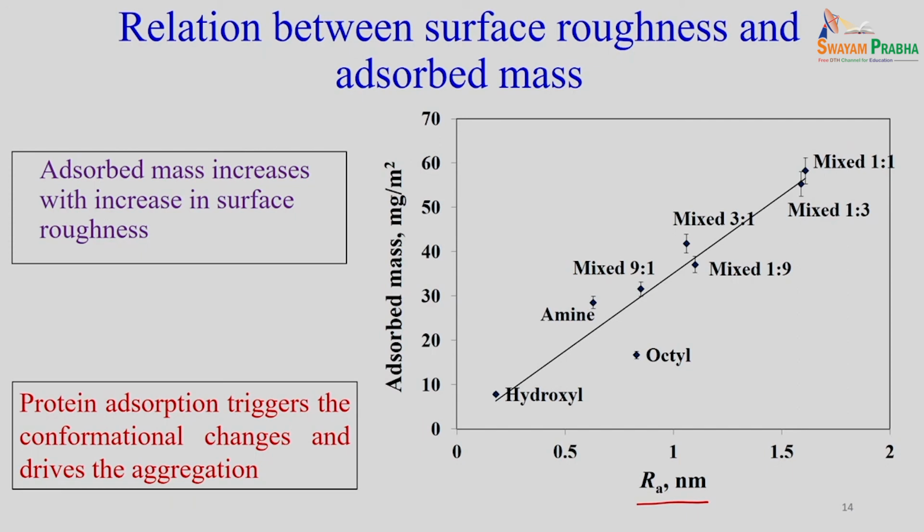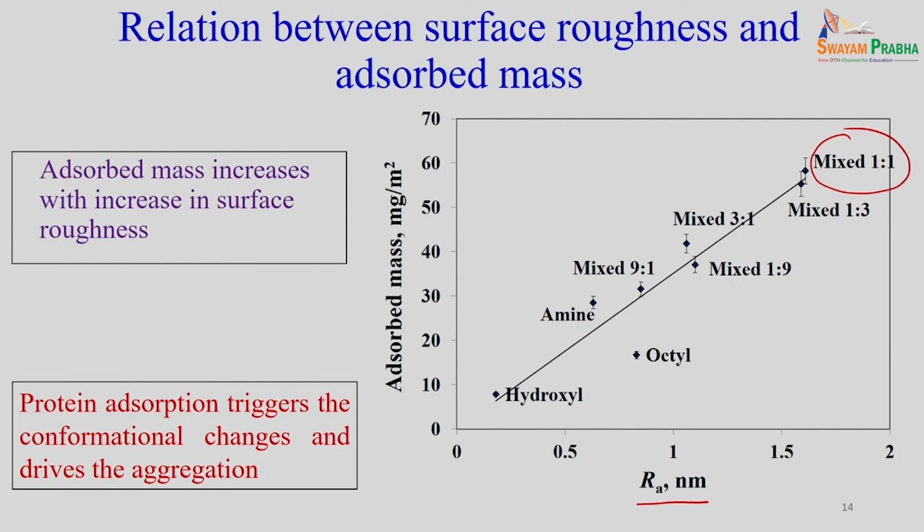So, it followed a linear trend, which says if you are increasing the roughness, there is an increase in the adsorbed amount of insulin. And if you remember, the maximum roughness was for the mixed 1 SAM, and we got the maximum adsorbed amount, about 60 milligram per meter square. So, we can say that adsorbed mass increases with increase in the surface roughness.